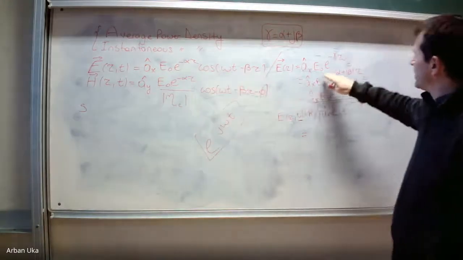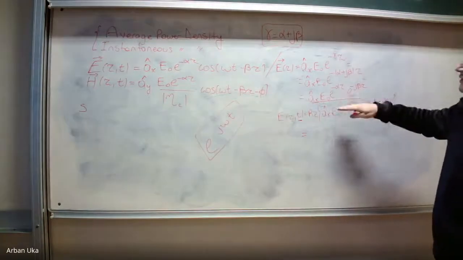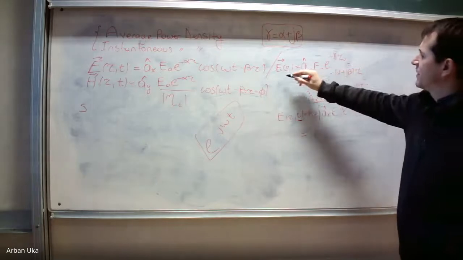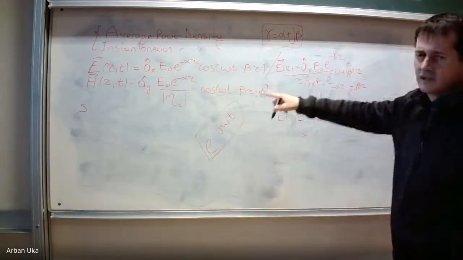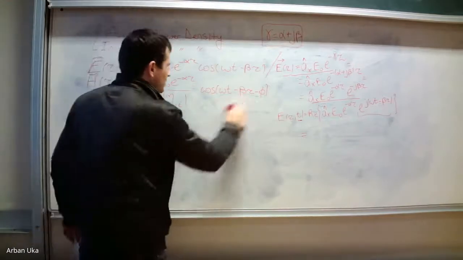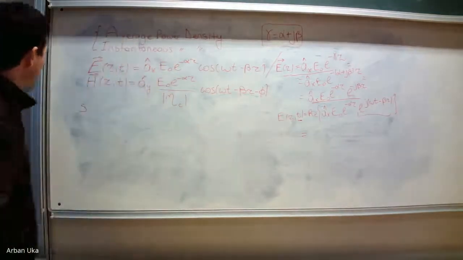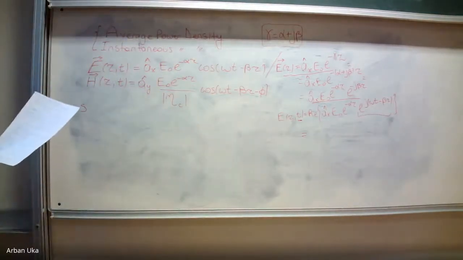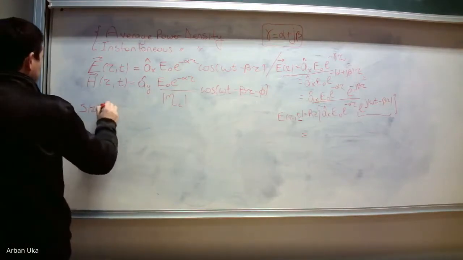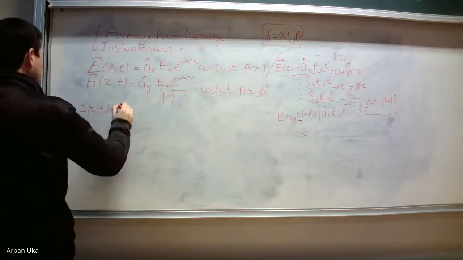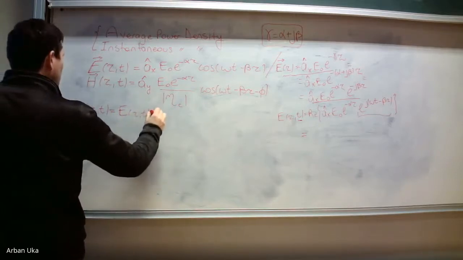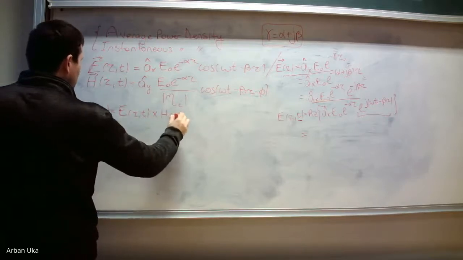As a small reminder, this is how we find the relationship between the phasor of the electric field and the instantaneous expression. So let's take this out. We have the E and the H that's shown here. Then we can define S(z,t), which is equal to E(z,t) cross product with H(z,t).